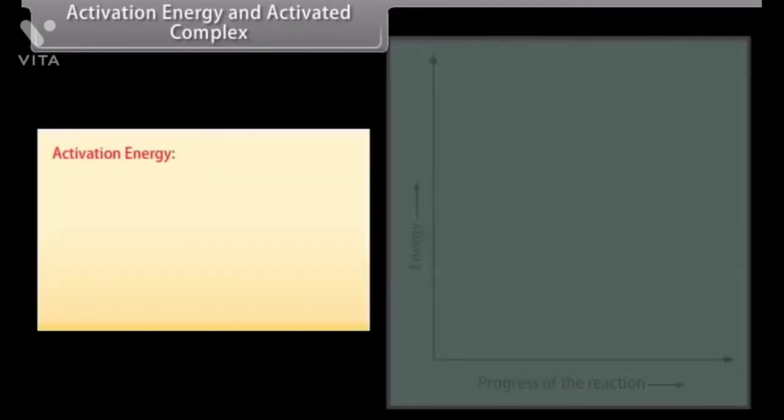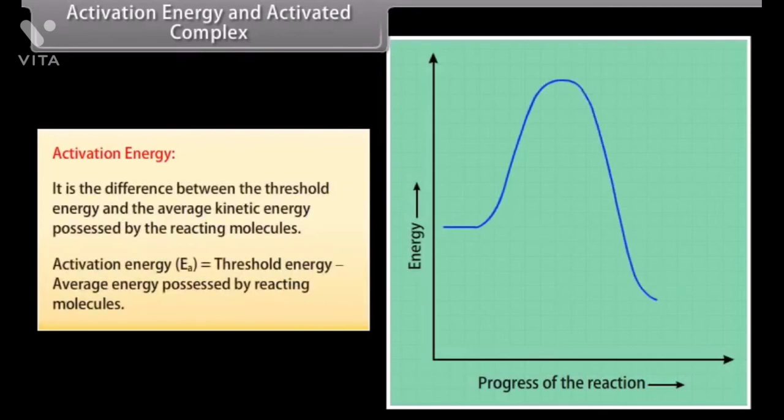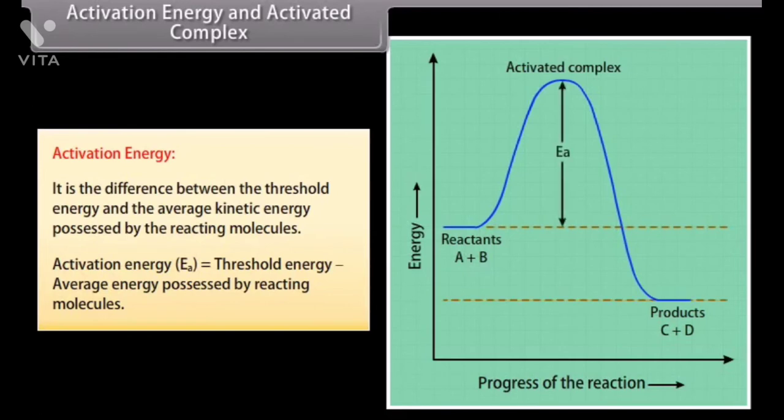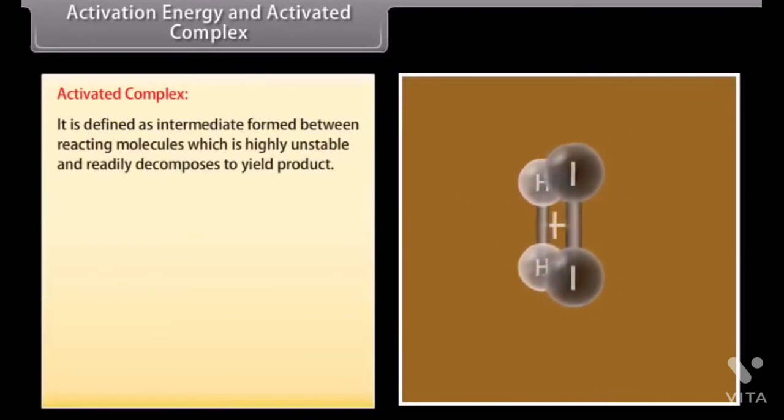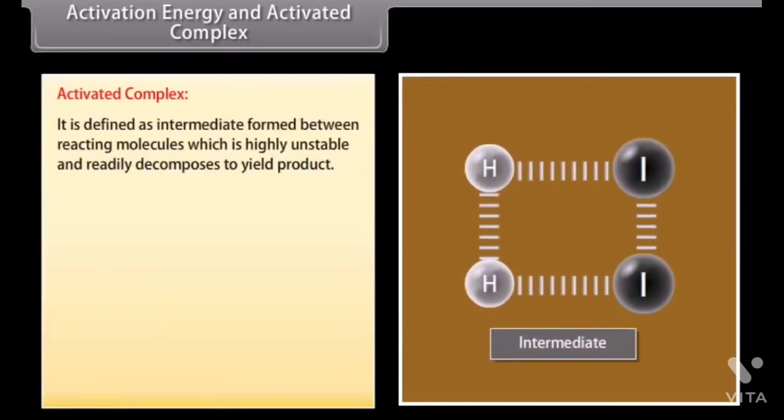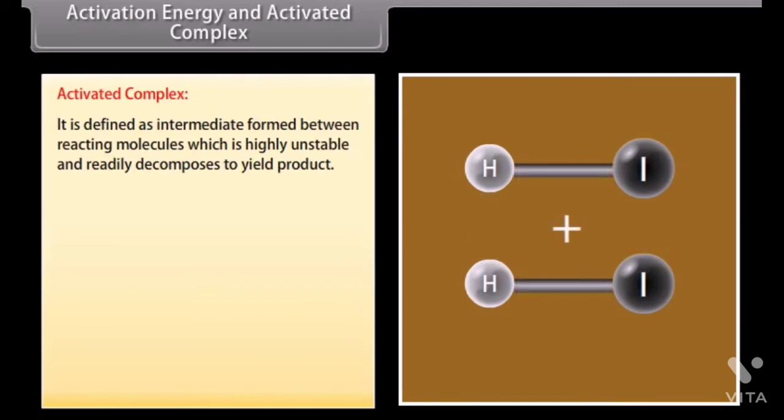Activation energy and activated complex. Activation energy is the difference between the threshold energy and the average kinetic energy possessed by the reacting molecules. Activated complex is defined as an intermediate formed between reacting molecules which is highly unstable and readily decomposes to yield product.